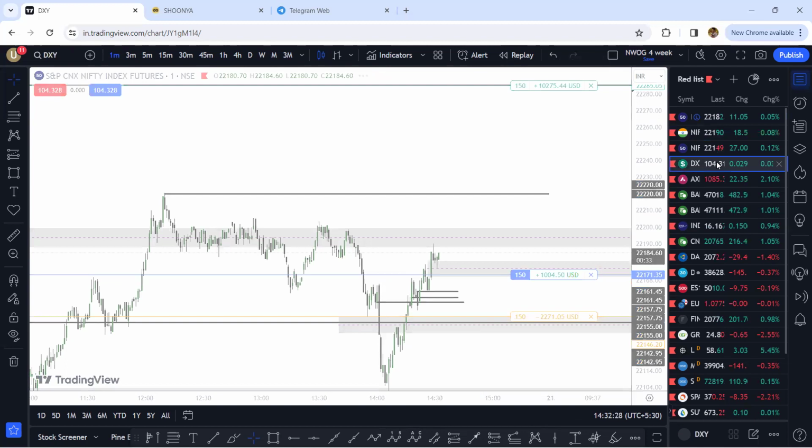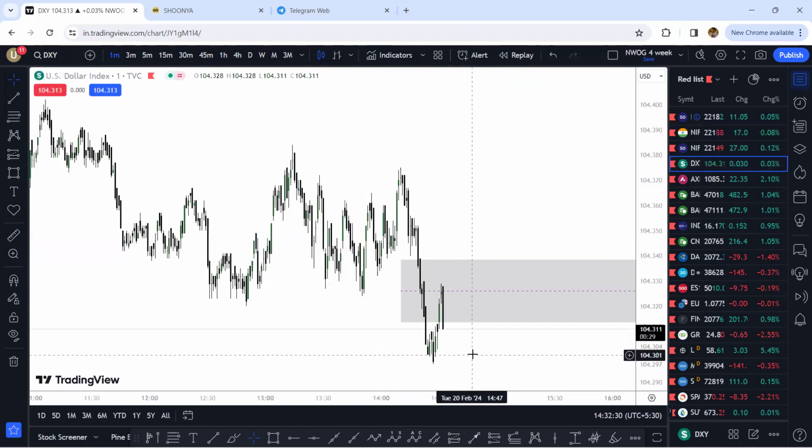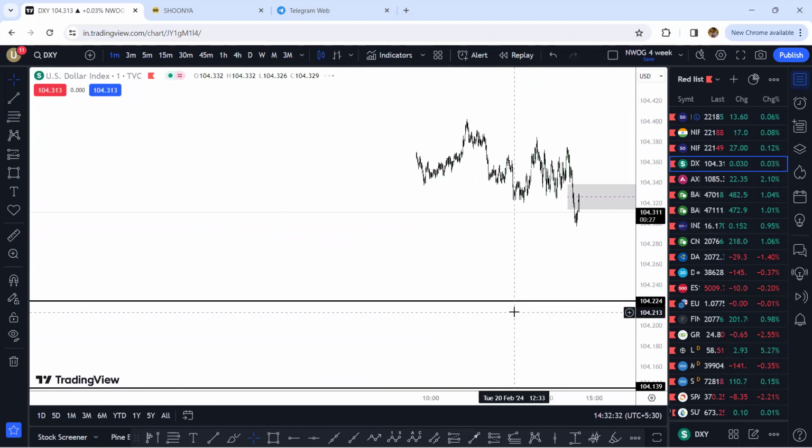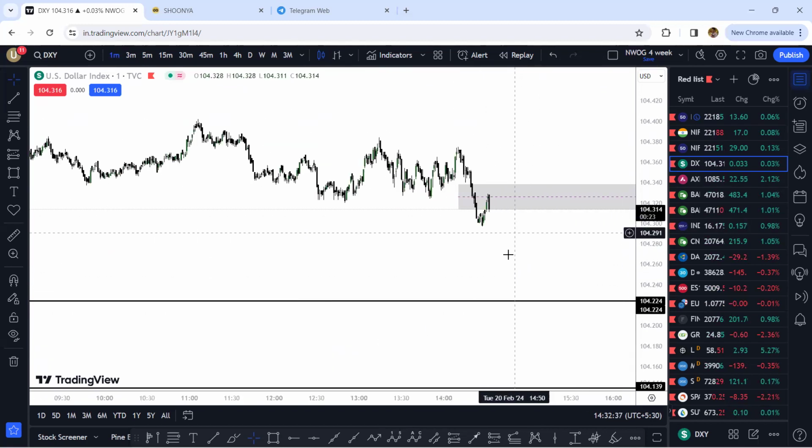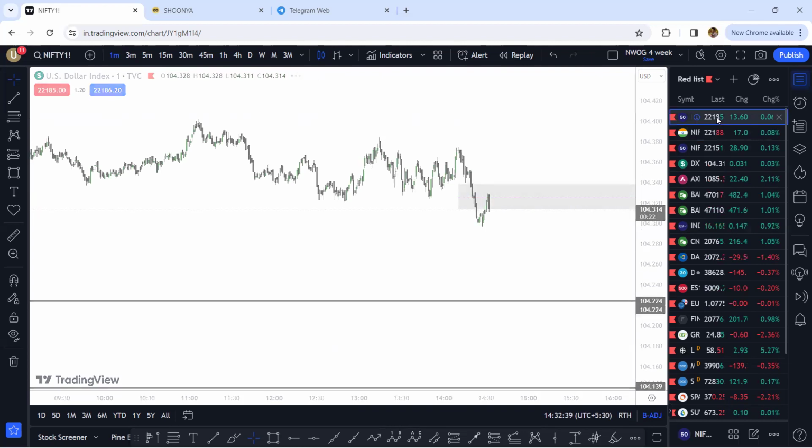I want to see DXY shoot lower. Yes, I like this, the way this is doing this, it's pretty nice, but I want to see it sharp. I want to see the sharp fall down very sharply.